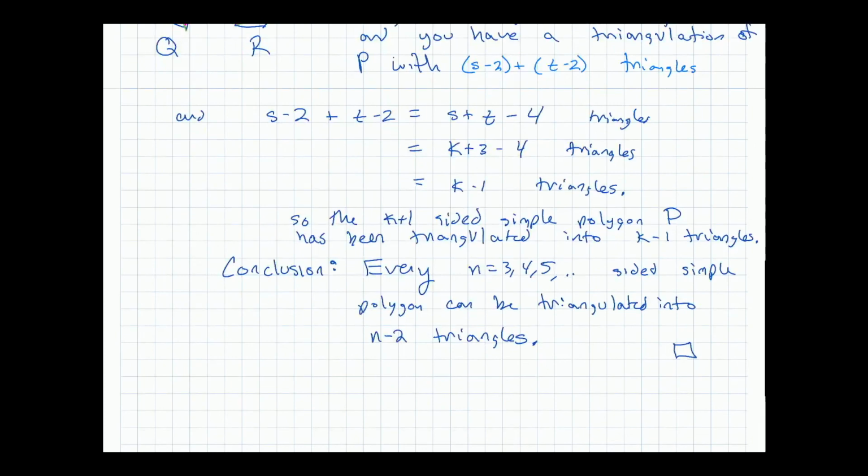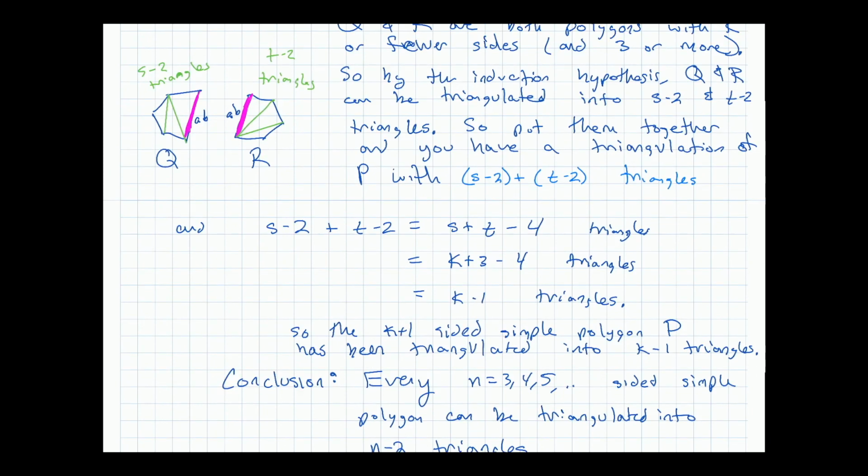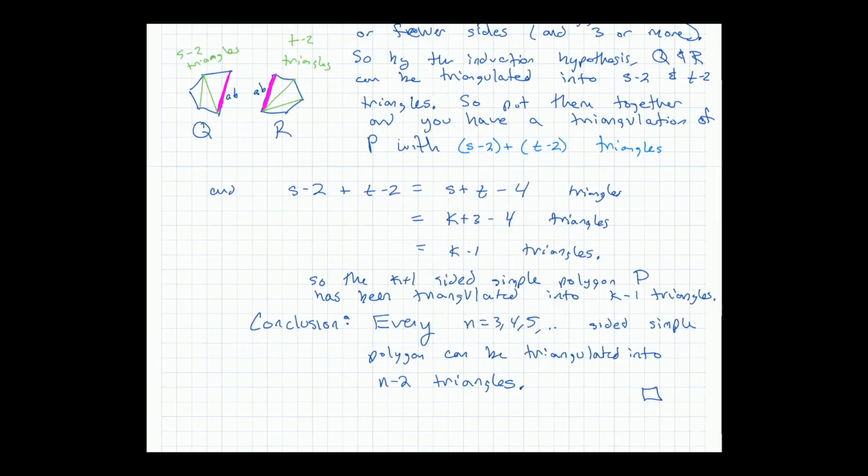And we just counted up the number of triangles it would take, and it worked out, right? A K plus 1 sided polygon ends up with K minus 1 triangles, which is what the theorem said. So that's it. We did it.